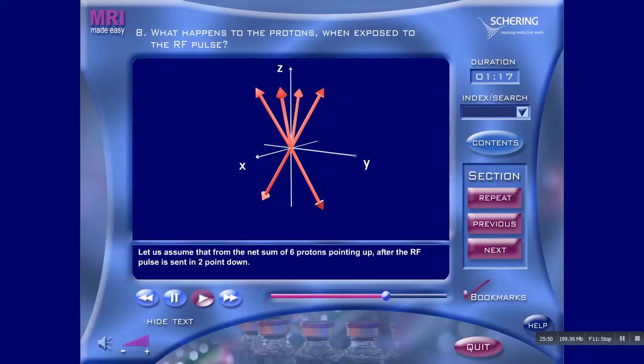The result is that these 2 protons cancel out the magnetic forces of the same number of protons that point up. So in effect then, the magnetization in the longitudinal direction, being 6 before the RF pulse, decreases to 2.